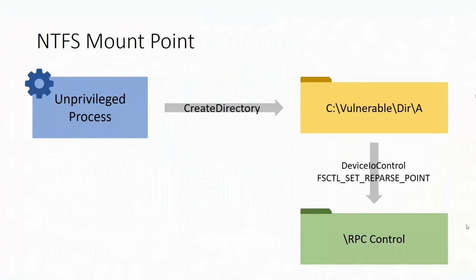We basically create a mount point on the local directory that will link into the object manager namespace. By calling a simple create directory API, followed by calling device IO control with a set reparse point flag, we can achieve this trick. Now, it cannot be that easy, right?